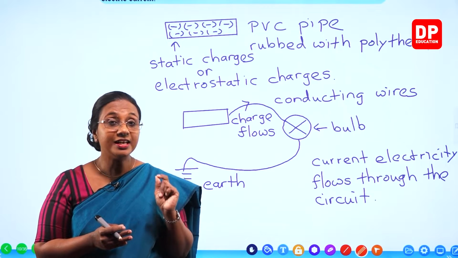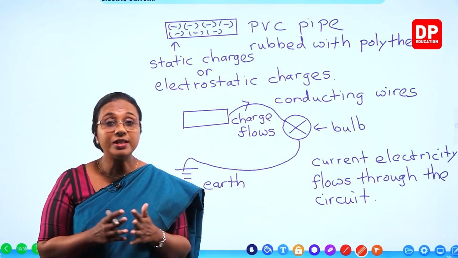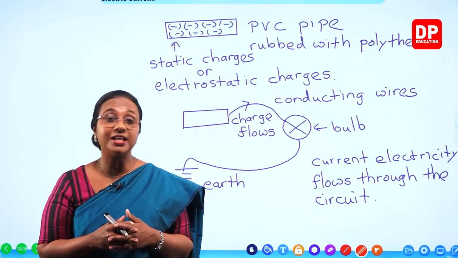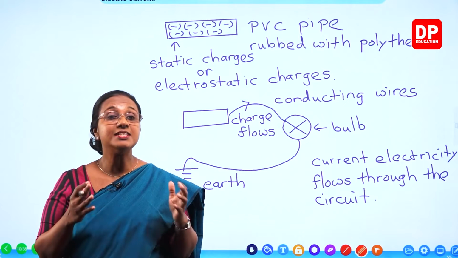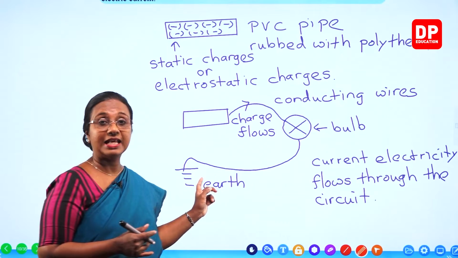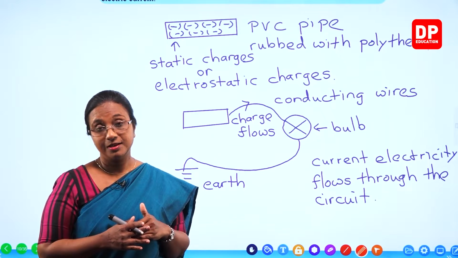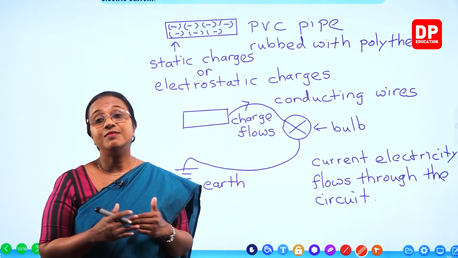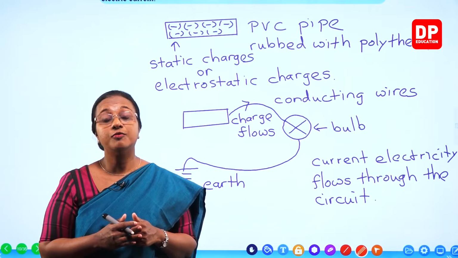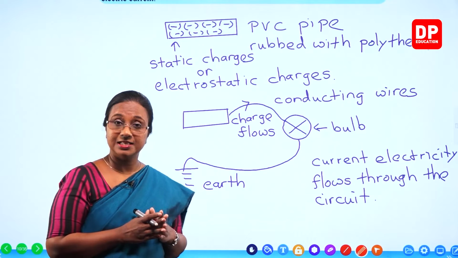When the electrostatic charges attract tiny objects, we call the force that attracts the tiny objects static electricity. But if we provide a path like that, the static charges start flowing through that material. Then we say that there is current flow.